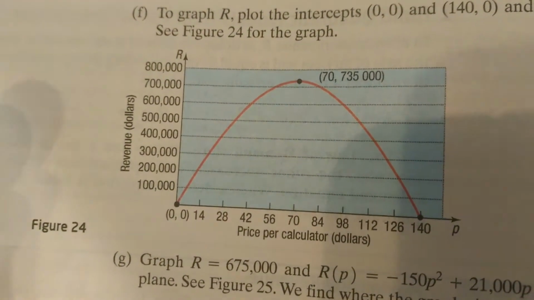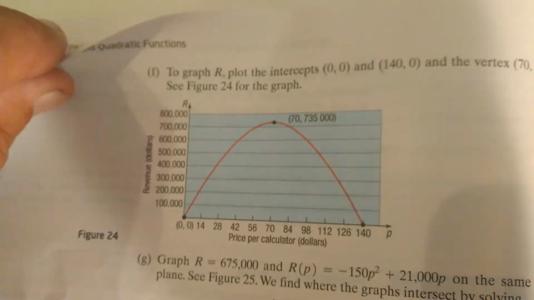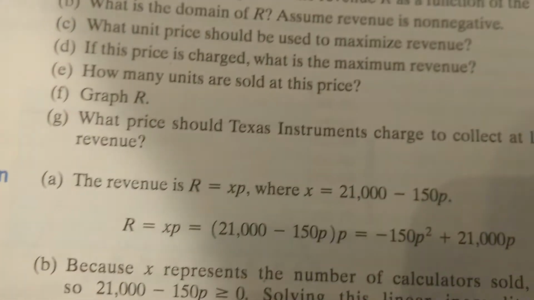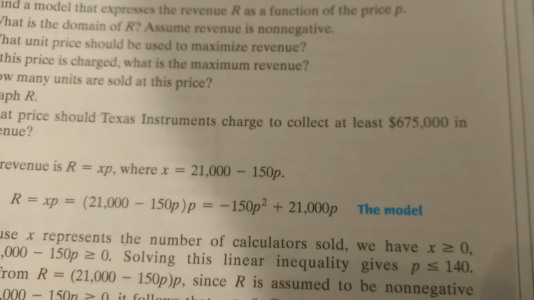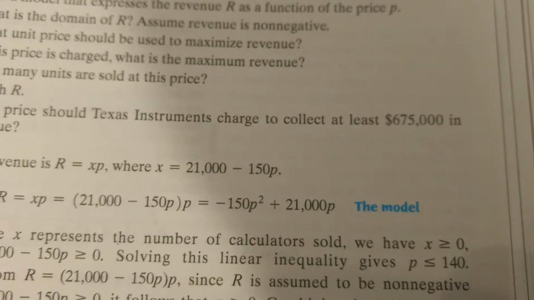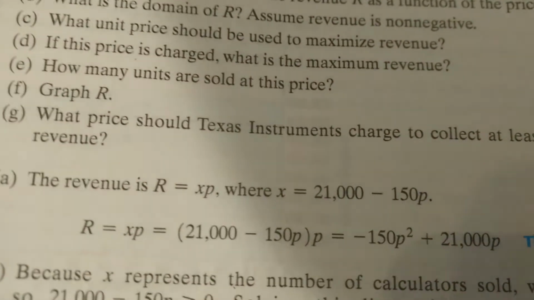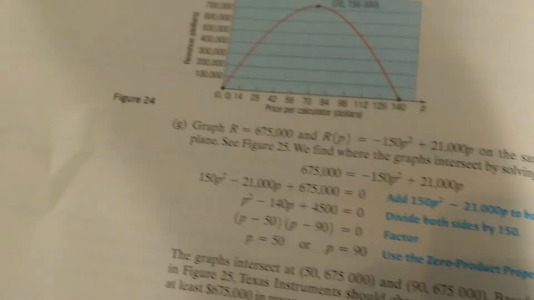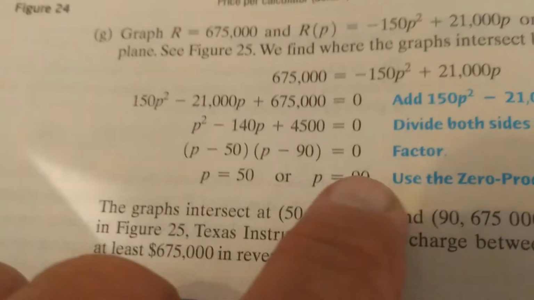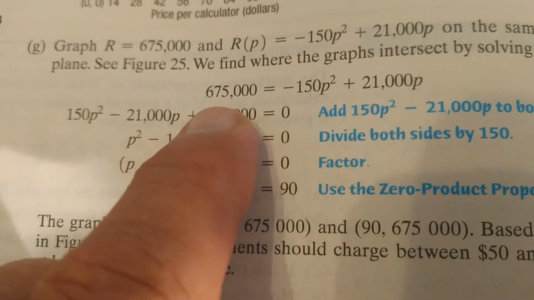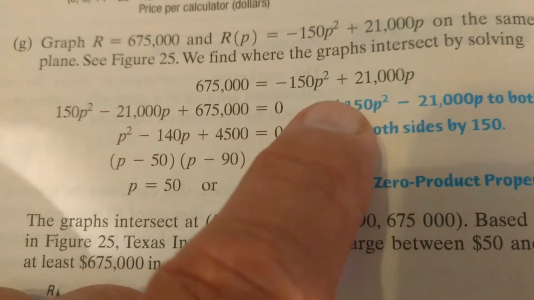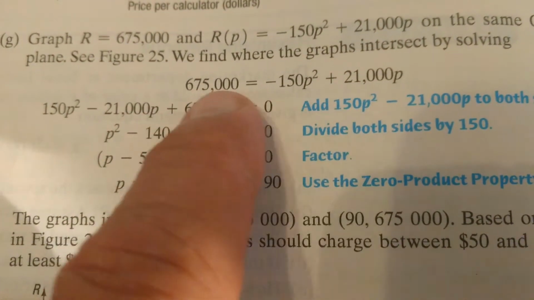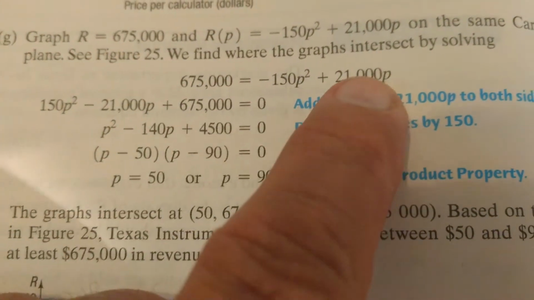In terms of letter G, let's look at letter G. All right, letter G says, what price should Texas Instruments charge to collect at least $675,000 in revenue? Well, we've got two ways we can solve this. We can use the equation. We can put $675,000 in for the R sub P. Then all we're going to do is add this over, subtract this over.